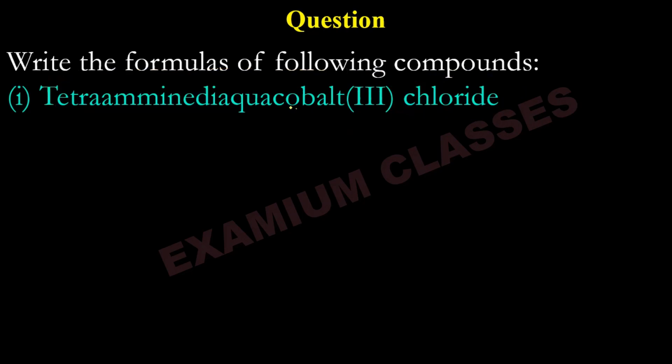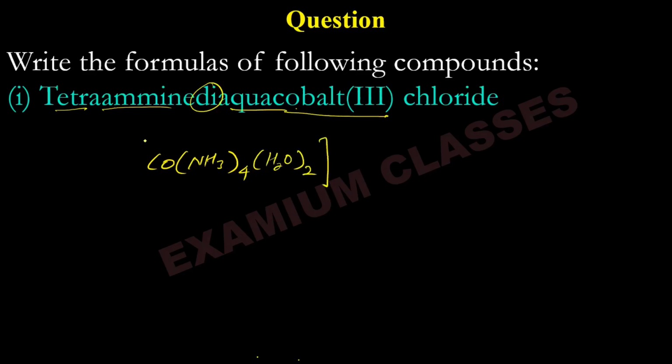So here we have cobalt 3. You will write Co, and then you have tetraammine, so it will be (NH3)4, and diaqua means H2O, you have only 2. And then you have chloride. For that you need to identify the oxidation state, here it is 3.